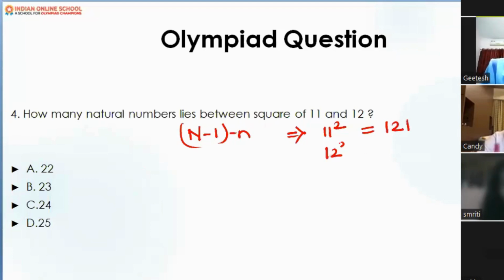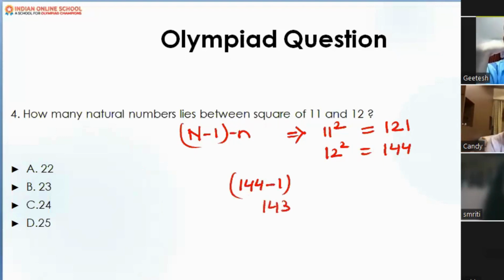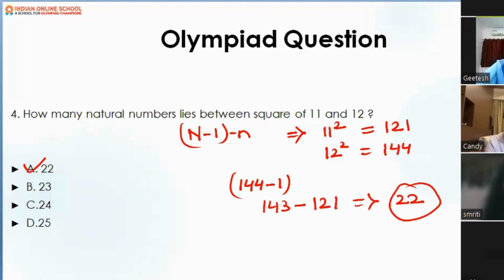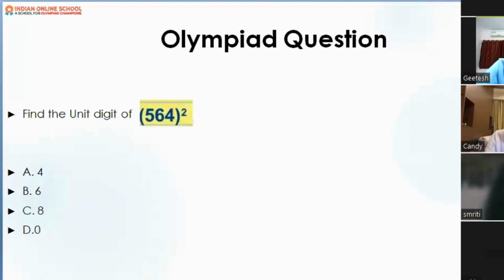The square of 12 is 144. When we solve it, 144 minus 1, we are getting 143. And 143 minus 121, what are we getting? We are getting 22. So that has to be 22 only. Yes, Geetesh? Yes, ma'am, I understood.